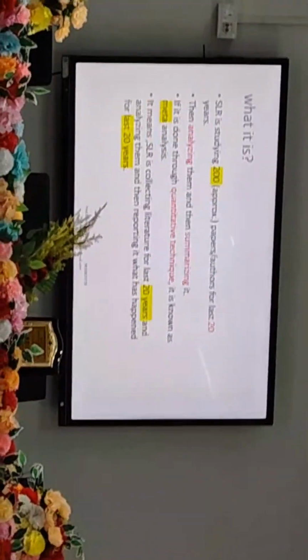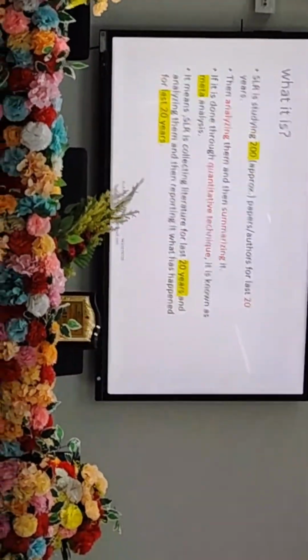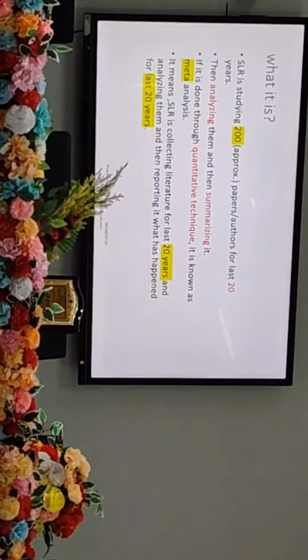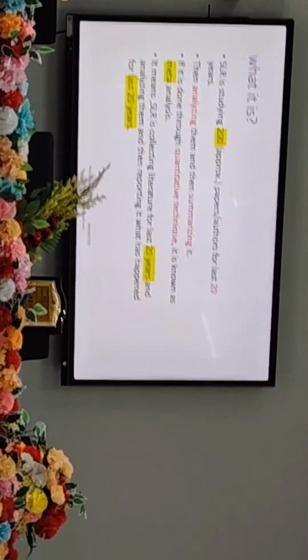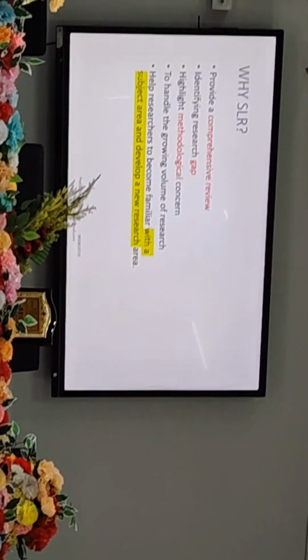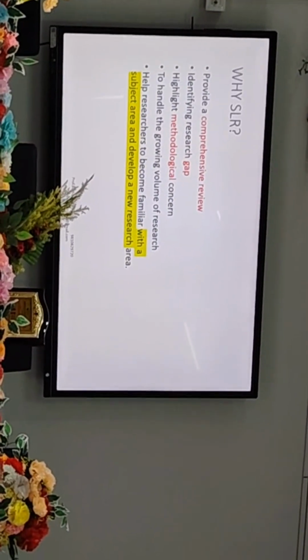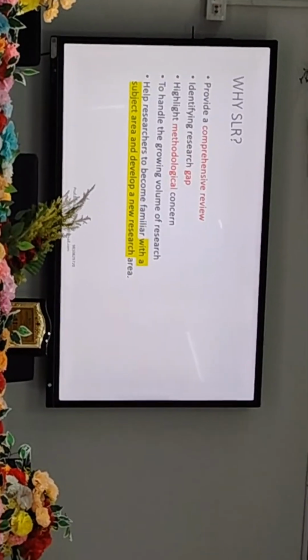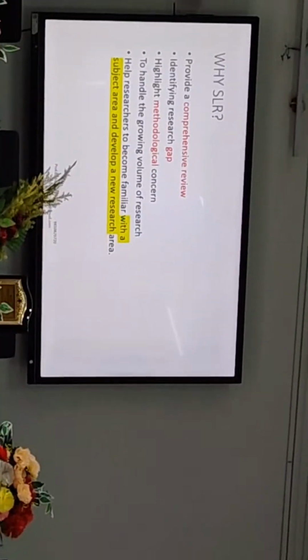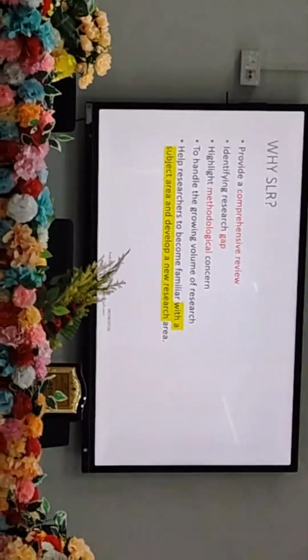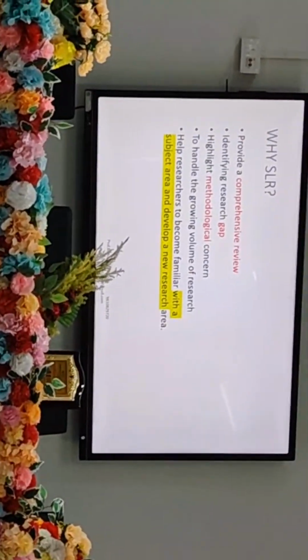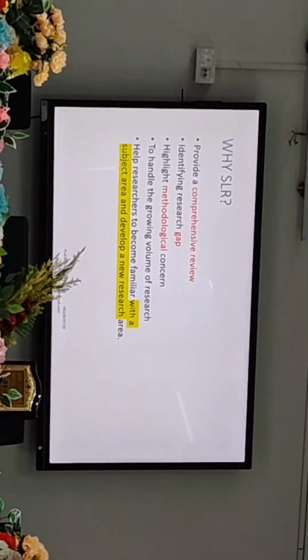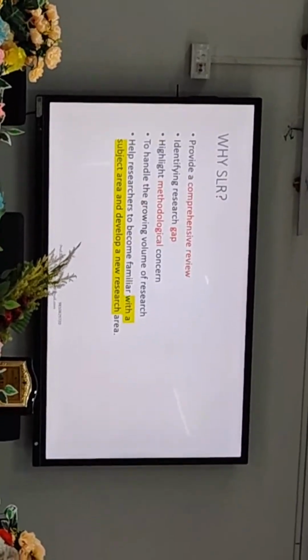What work was done in the last 20 years on that topic, how much work, what the opinion is, whatever it is, you have to provide. Right? So then, why SLR? SLR will provide a comprehensive review, it will help in identifying the research gap, and moreover, it will be easy to find weaknesses in the research methodology. Right?